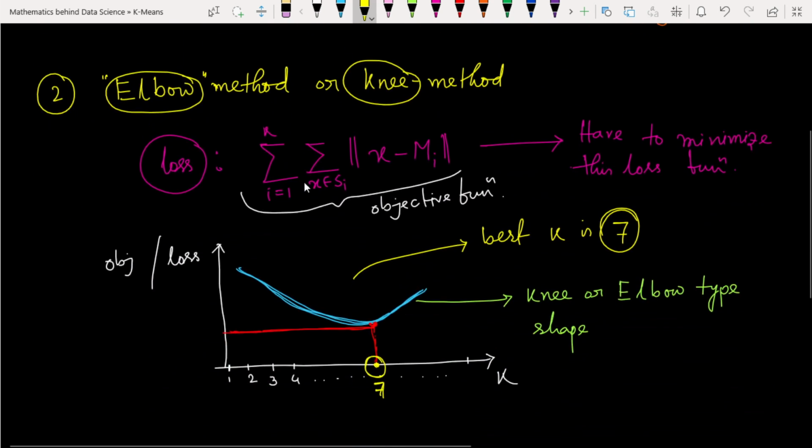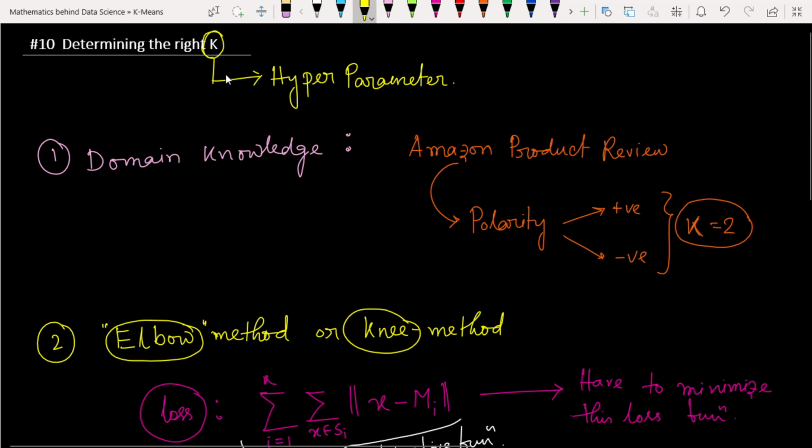Otherwise we use the knee or elbow method to find the best k. In general, these are the two methods to determine the hyperparameter k of k-means. I think you got the idea.